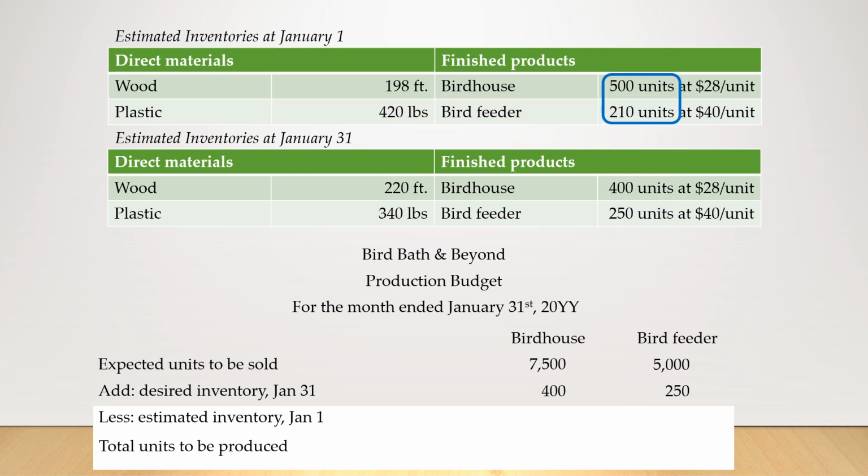Beginning inventory is estimated at 500 birdhouses and 210 feeders. Total units to be produced, 7,400 birdhouses and 5,040 bird feeders.